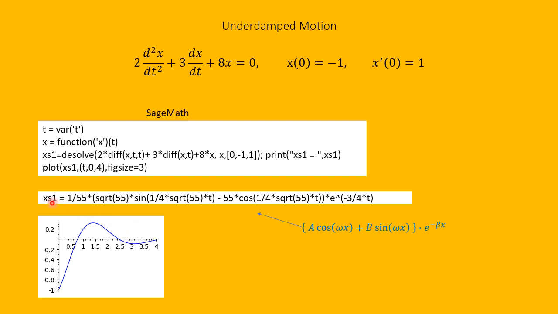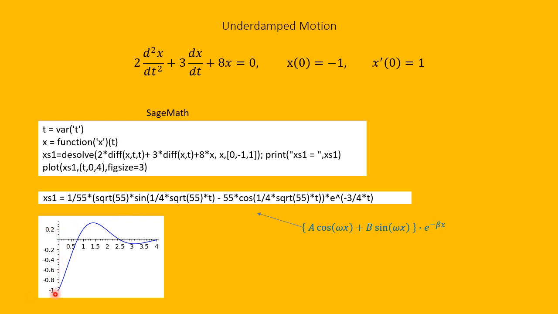So first of all, here is the output of this print statement, the solution, and if you look at it carefully, you'll see that it's in the following form: a constant times cosine of omega t, plus another constant times sine of omega t, and all of that times e to the minus beta t.